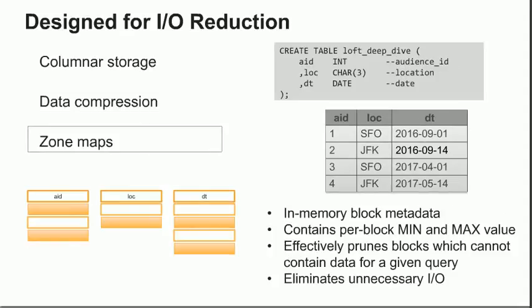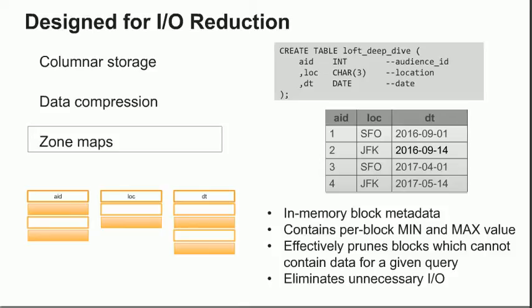The next is that we have what are called zone maps. I'm going to cover this a little bit more in depth because it's a very important concept. But just high level, we store the min and the max values for what we call blocks. And we're going to get into blocks and all that later. But if you look at those orange and white squares underneath each of the columns, each one of those represents a block, which is a 1 meg chunk of data for each column.